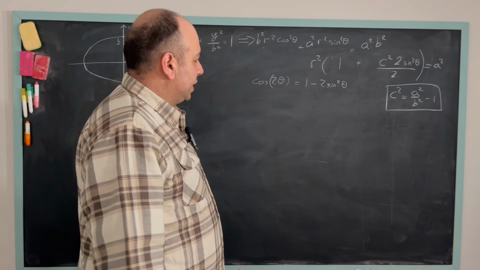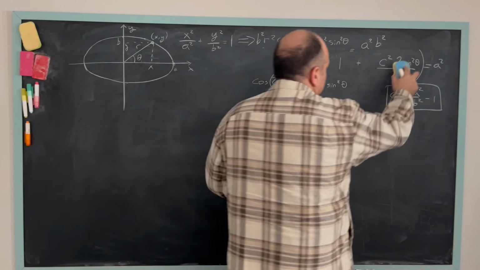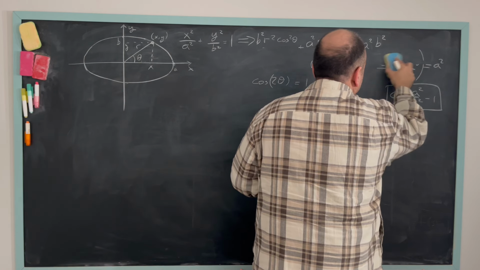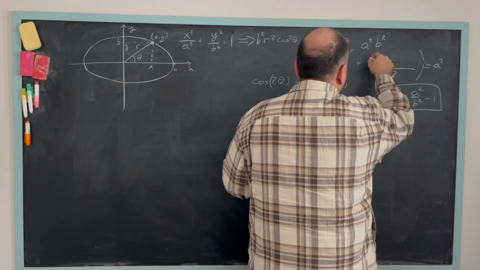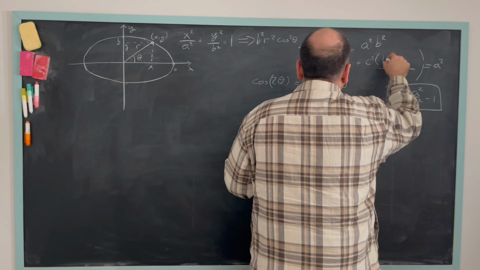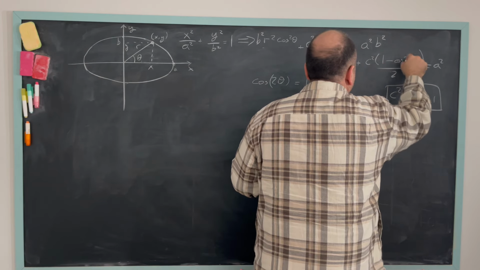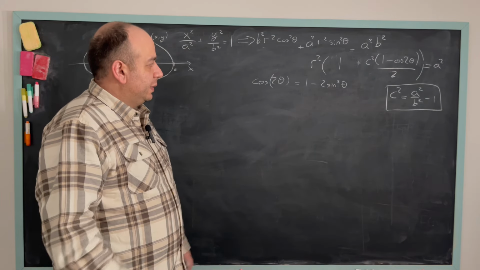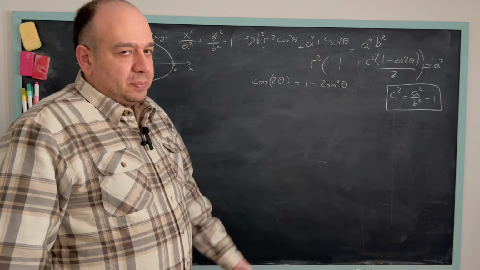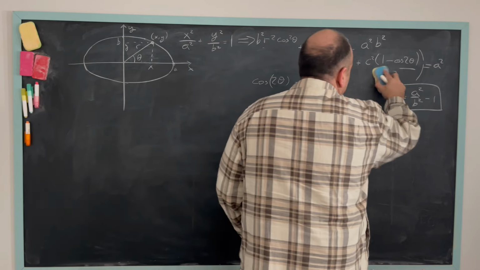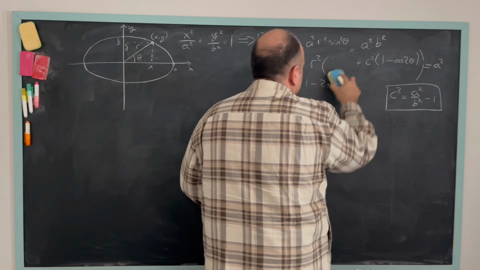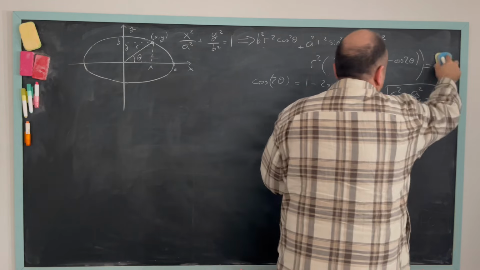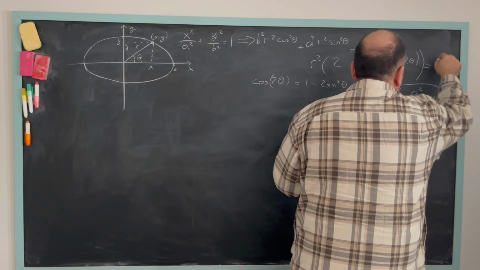So this is nothing but c square times 1 minus cosine 2 theta. Okay. So now I can multiply everything with 2 maybe, to make things easy. So this becomes 2, and this becomes 2a square, right?